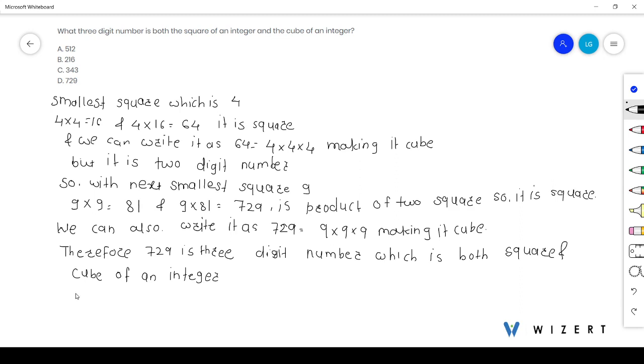So our answer is 729. From available options, we have option D as 729.